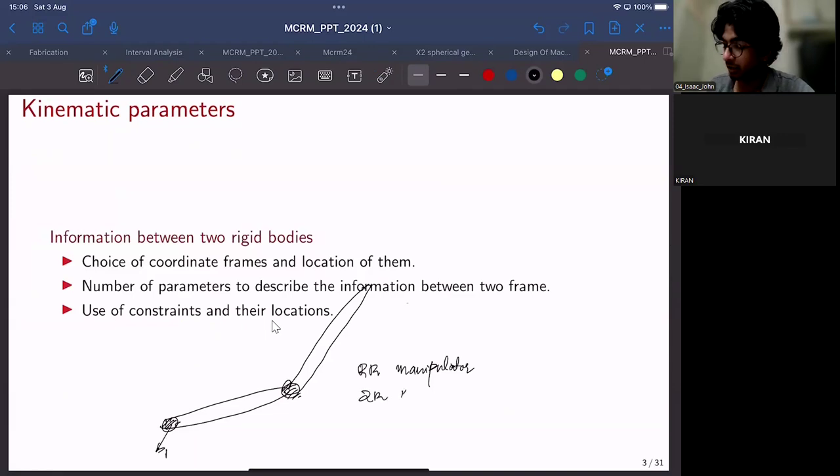This is R1, this is R2. And here you can have an end effector or a gripper or any of those sorts. This side would be fixed to the ground, and this side is where we attach the tool.